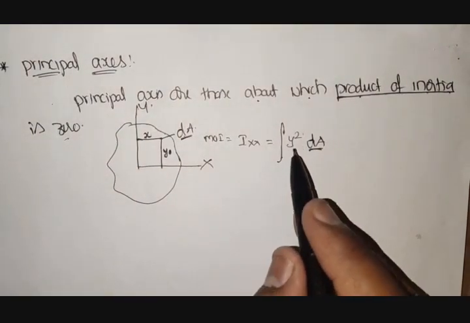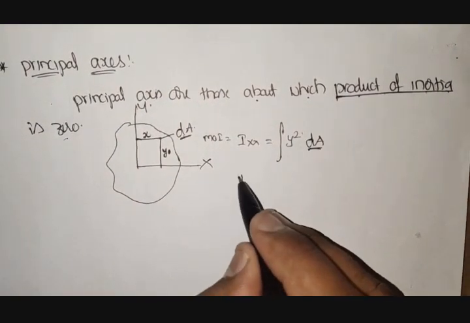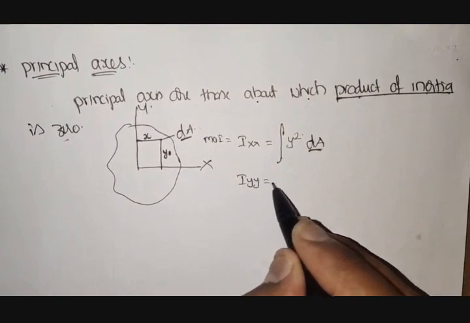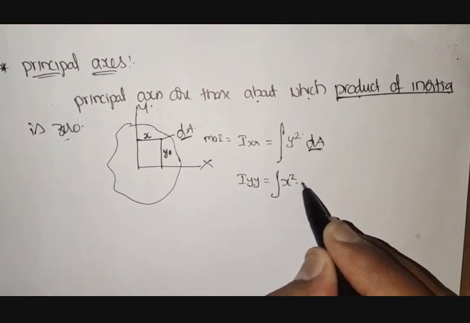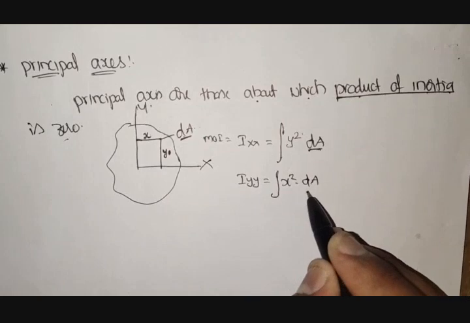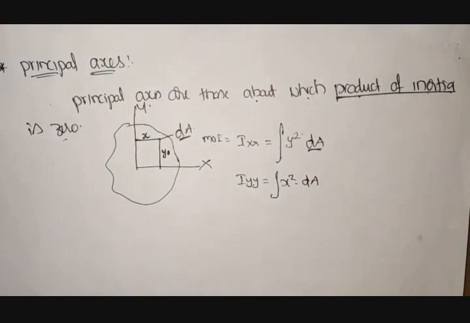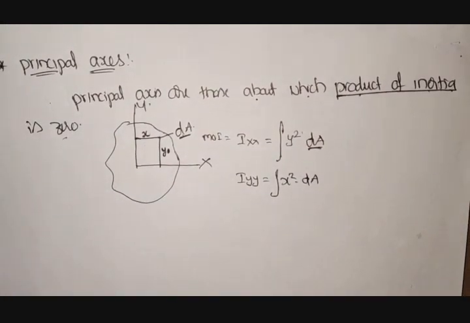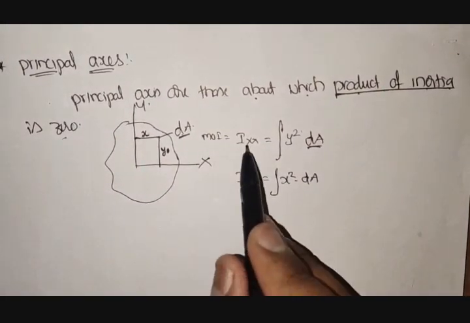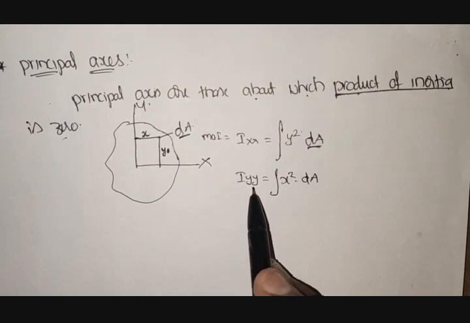So Ixx is equal to the integral of y square dA. Similarly, the moment of inertia Iyy becomes the integral of x square dA: area of the element into the square of the distance, and here we have considered the distance x. So that is the moment of inertia Ixx and Iyy.